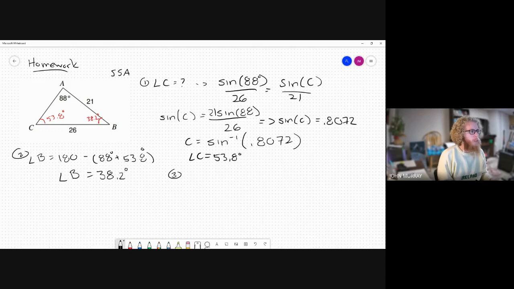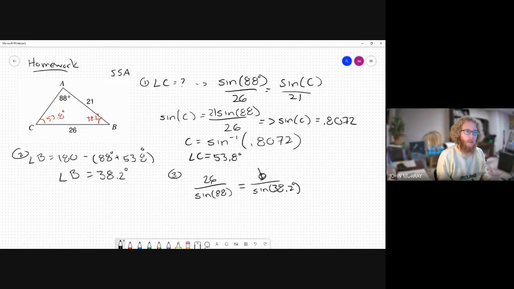Like I said before, I'm going to stick with using A and side A as my first proportion. And I'm going to flip it back around because we're looking for this side. So I'm going to have 26 over the sine of 88 equals side B over the sine of the angle we just found, 38.2.